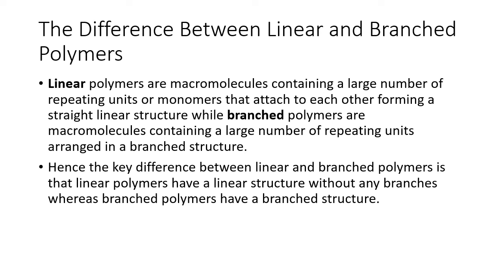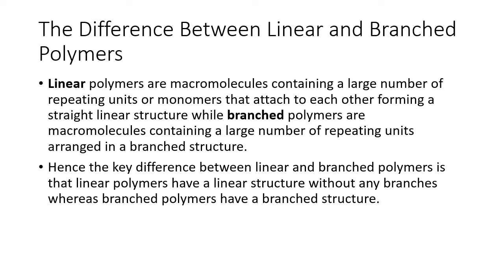Got it? Hence, the key difference between the linear and the branched polymer is that linear polymers have a linear structure without any branches, whereas branched polymers have a branch structure.